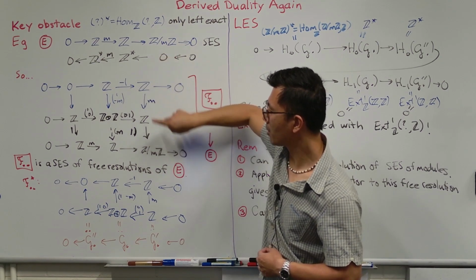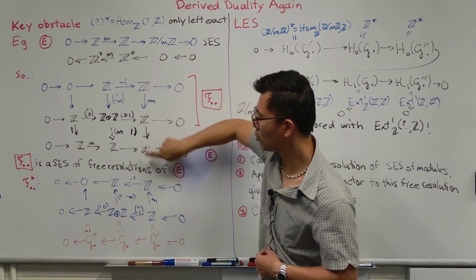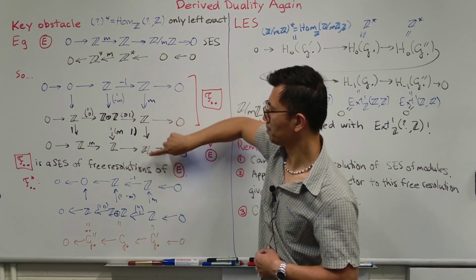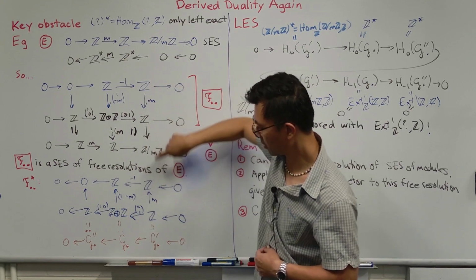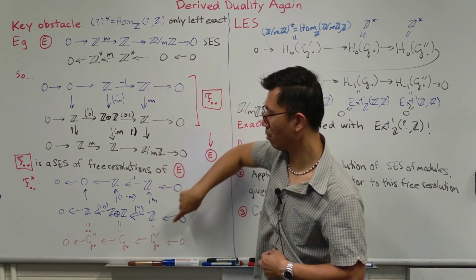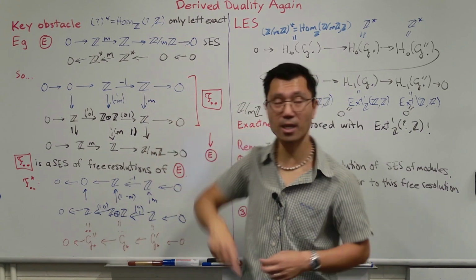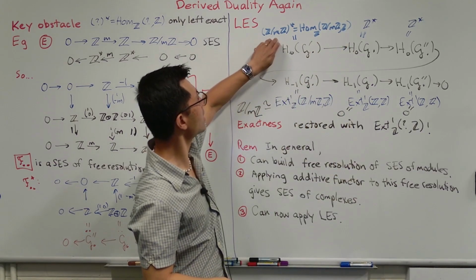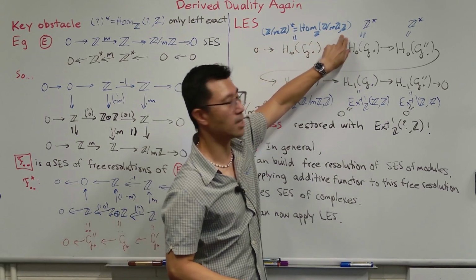That means the kernel of the dual here is isomorphic to the dual of this. And the kernel of the dual of this map is just basically the H0 in that complex. So the H0 is just going to be the dual of Z mod mZ, or the homomorphisms of Z mod mZ into Z.